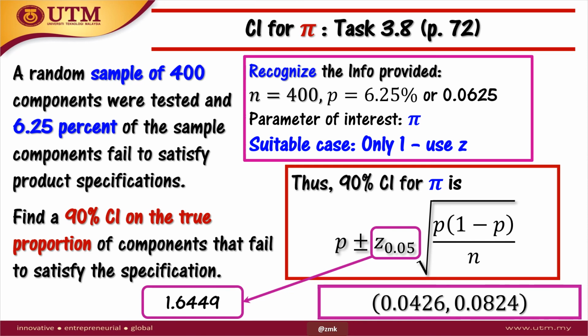Or simply, the probability that the interval 0.0426 and 0.0824 may contain the true pi value is 0.9.